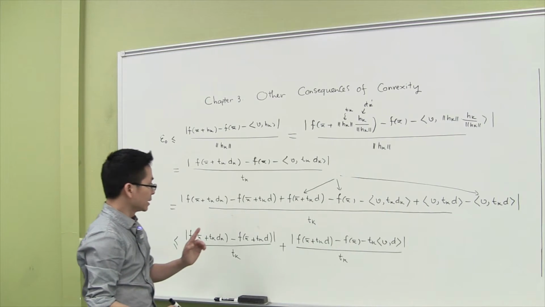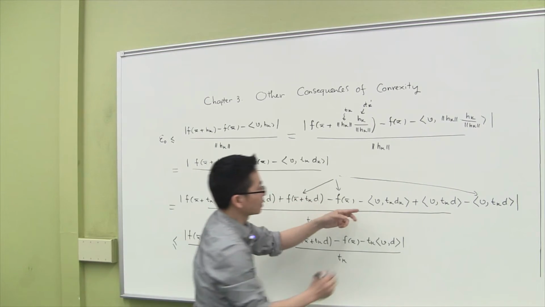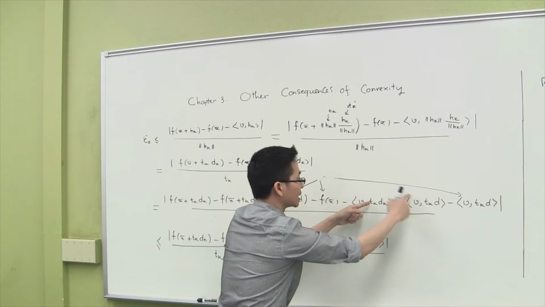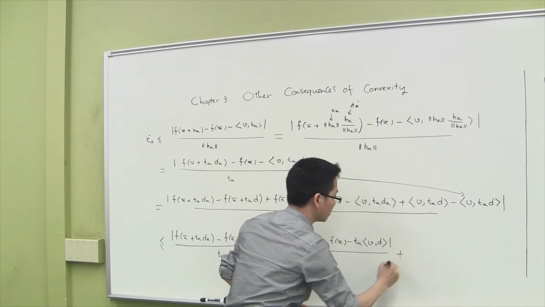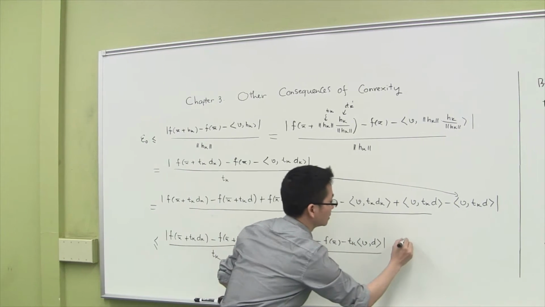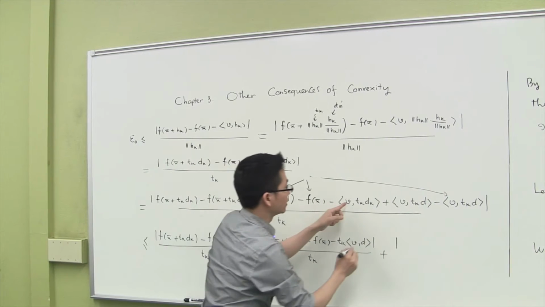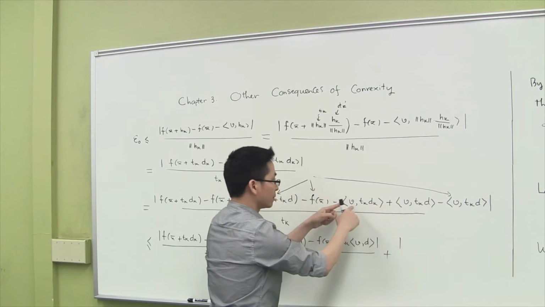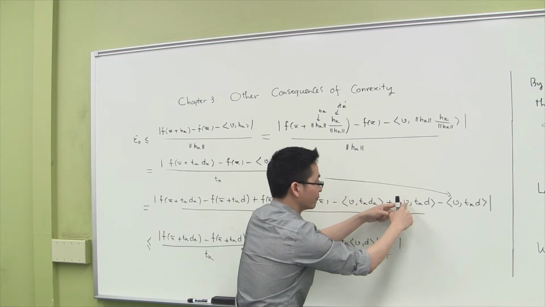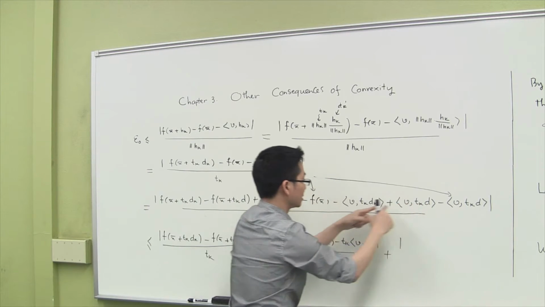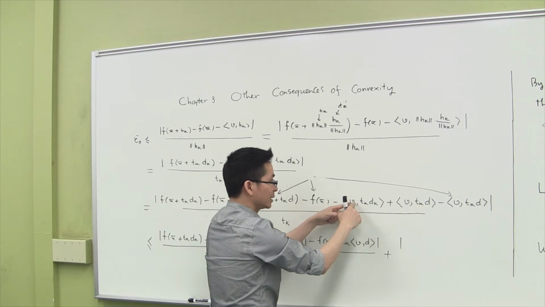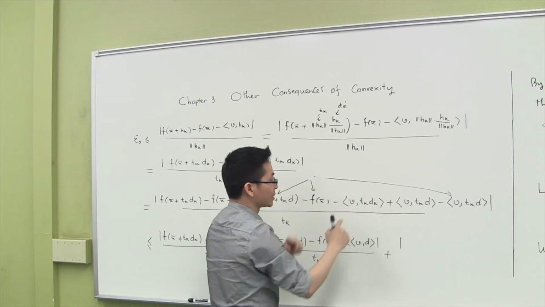Now in this expression there are still two terms here, so we add this to the sum. So here we have the inner product of v and tk times d, and here we subtract the inner product of v and tk times dk.